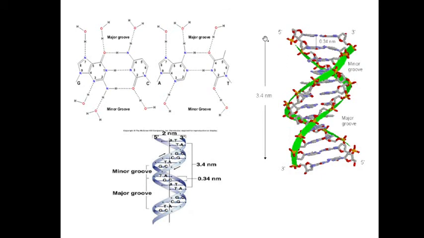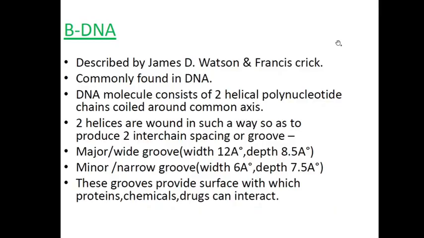So this B form of DNA has a helix length of 34 angstrom or 3.4 nanometer, and the rise between two nucleotides or a pair of nucleotides is 0.34 nanometer or 3.4 angstrom. The B form of DNA, described by Watson and Crick, is the most commonly found form. The DNA molecule consists of 2 helical polynucleotide chains coiled around a common axis.